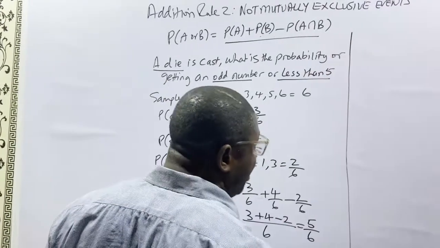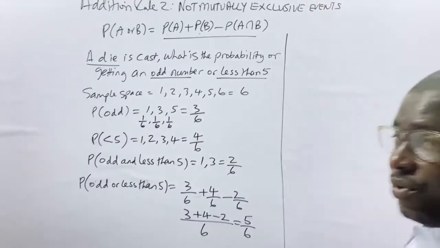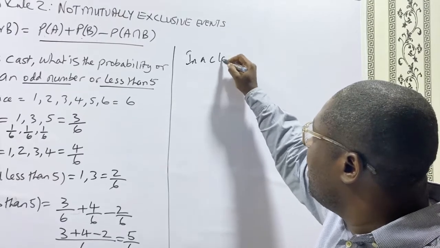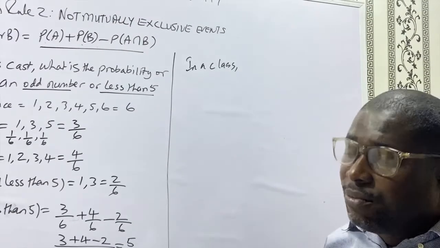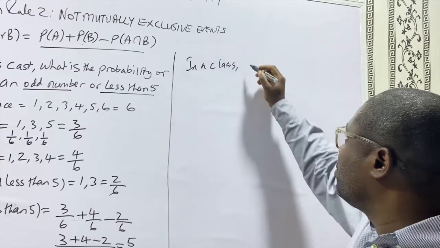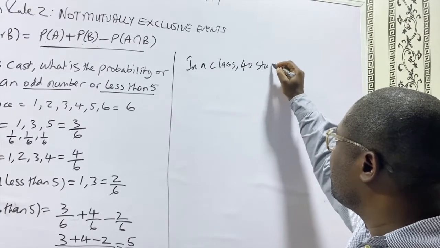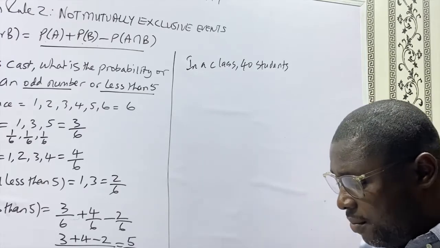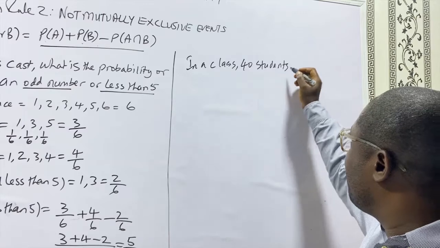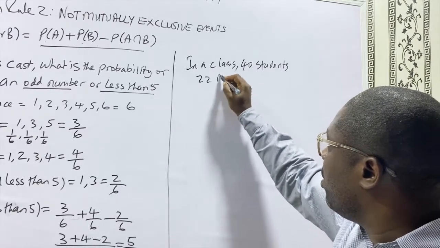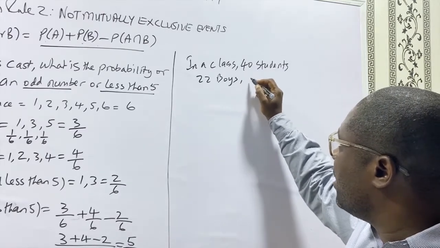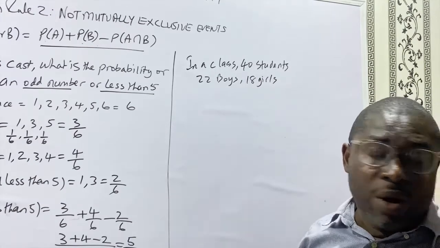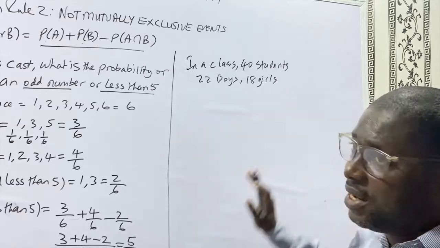We have, in a class, let me move to this side of the board. In a class, there are 40 students, of which we have 22 boys, and then we have 18 girls in that class. 22 boys and 18 girls in that class.